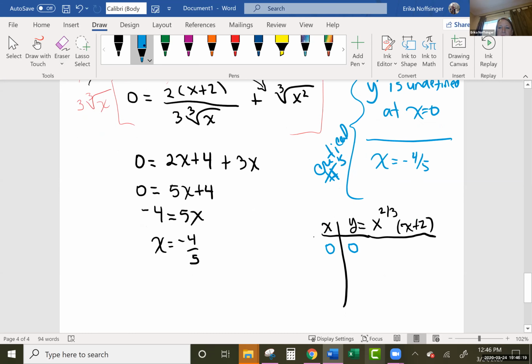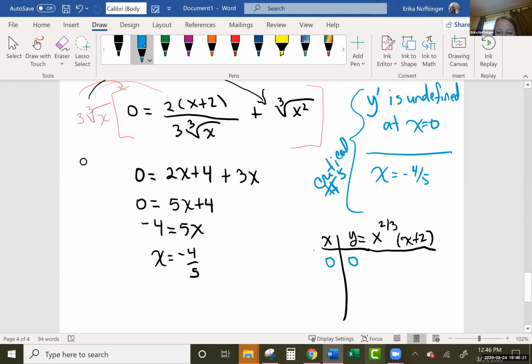And now if we plug in negative 4/5 wherever we see an x. Remember that is the cubed root. I guess you can leave it as a power if you want. Put negative 4 divided by 5 in parentheses, and then raise it to a power, putting the power in parentheses, 2 divided by 3.